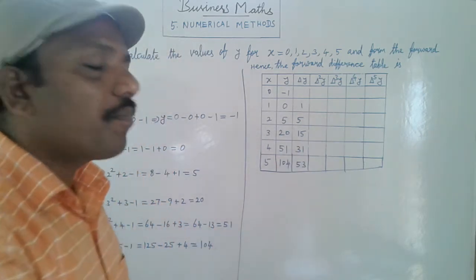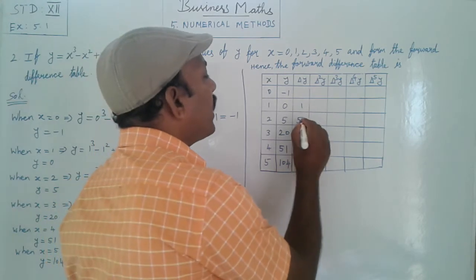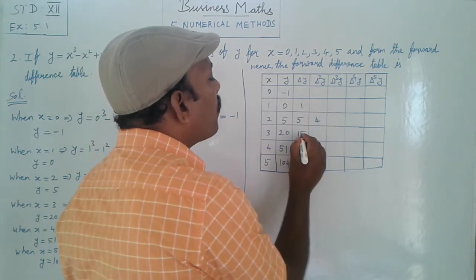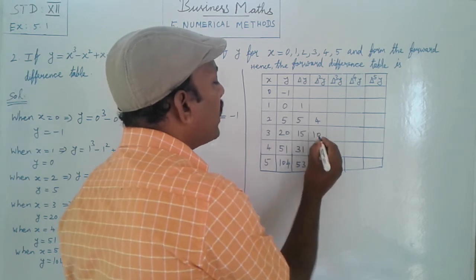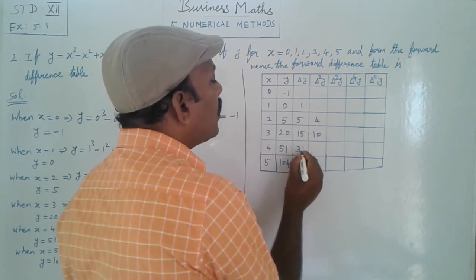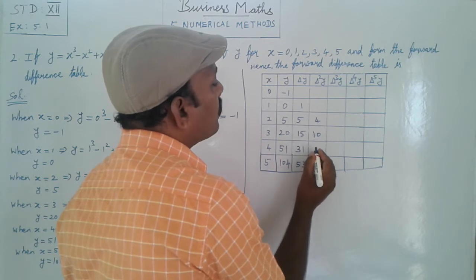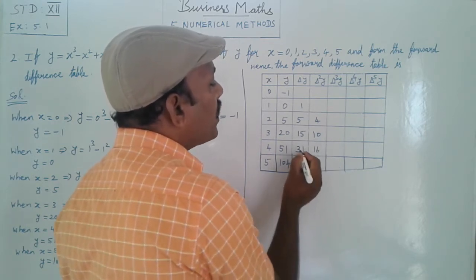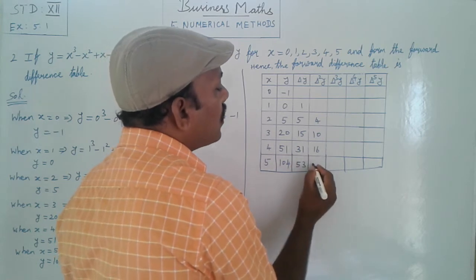It's a difference table. So next we should take 5 minus 1 is 4. 15 minus 5 is 10. 31 minus 15 is 16. 53 minus 31 is 22.